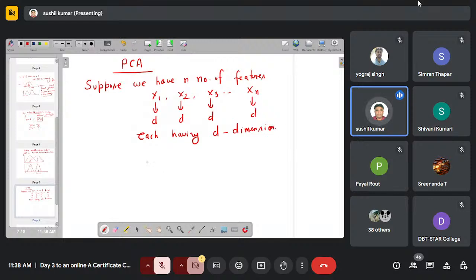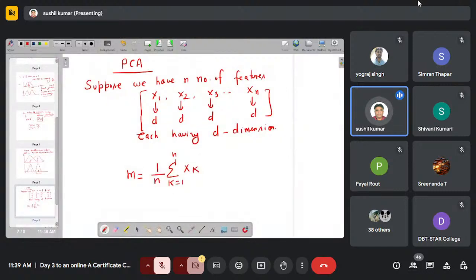So this is very clear: we have n feature vectors and each one has d dimensions. This is big data, with many images and many feature dimensions. If you want to calculate the mean, I already told you the formula: 1 divided by n, sum over k equals 1 to n of xk. This is the mean.